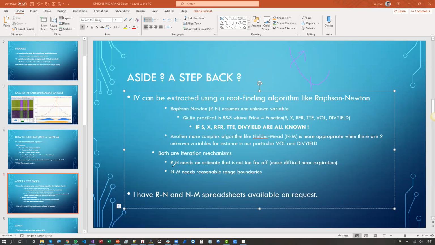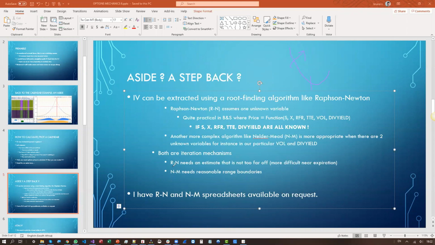Nelder-Mead needs what I call reasonable range boundaries. Basically, if you try to figure out vol, or IV, and dividend yields, you need to know, for example, that your IV is somewhere around, let's say, 15%. If you target too wide, it will not converge very well.